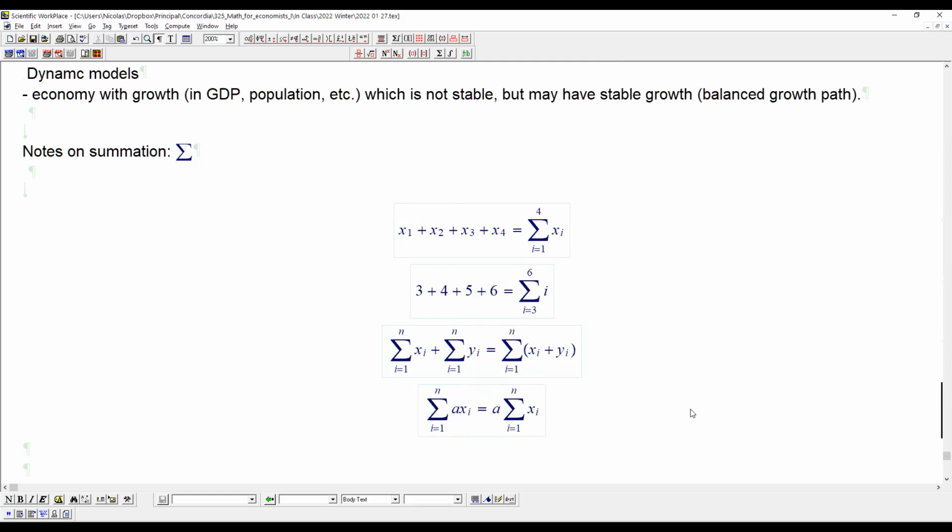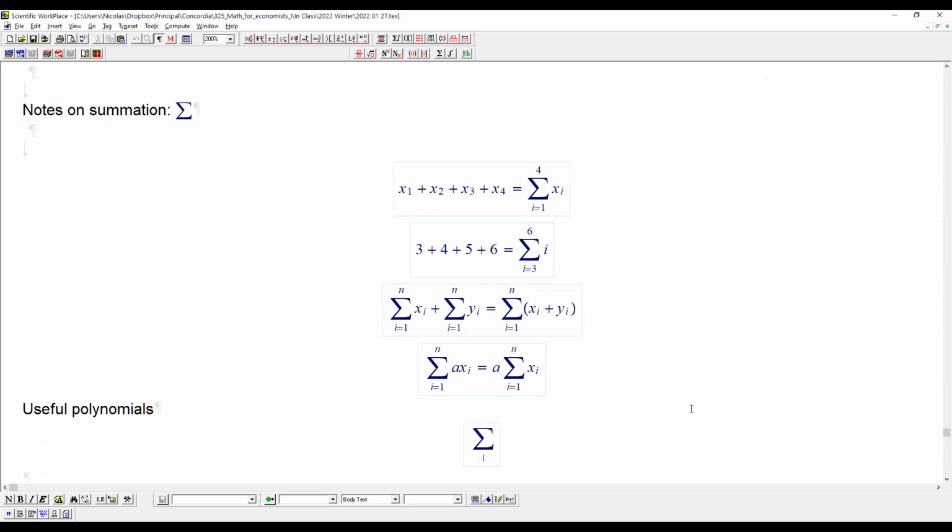Some useful polynomials. So I could say something like this. What do I get?